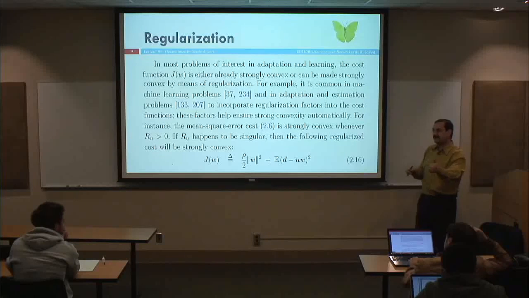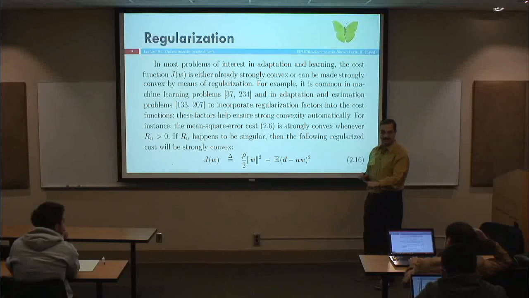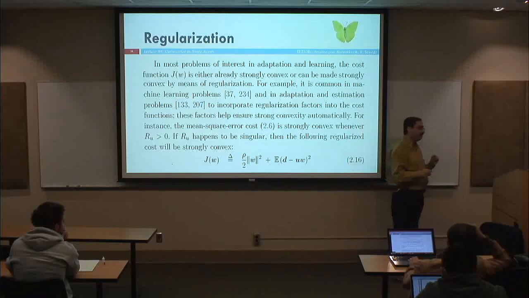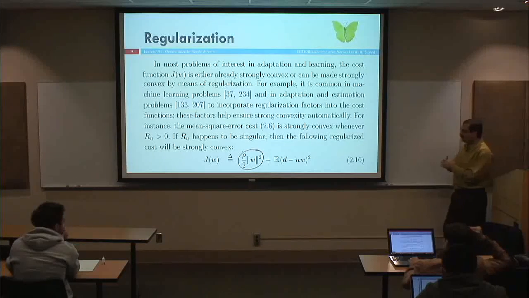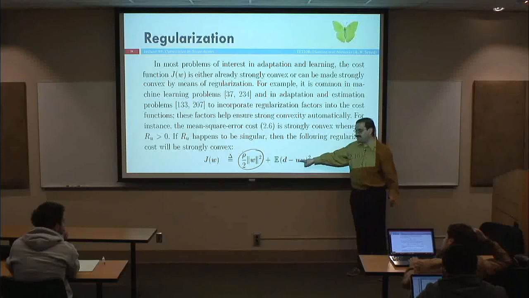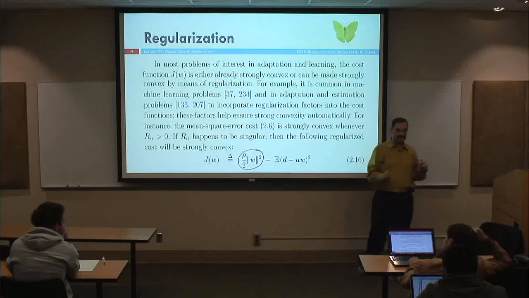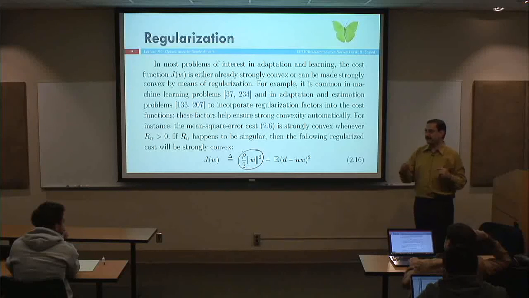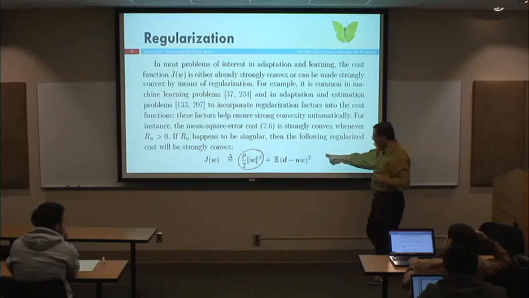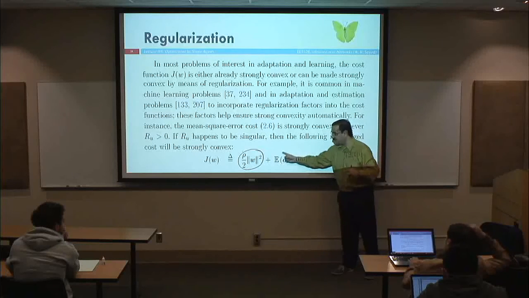But when you add regularization, it becomes strongly convex, right? Okay, so very often by adding regularization, by adding a term like this, for example, even in the quadratic case, let's assume R_u is singular, not necessarily positive definite, but non-negative definite. R_u is singular. Will this second term here, this mean square error, be strongly convex?